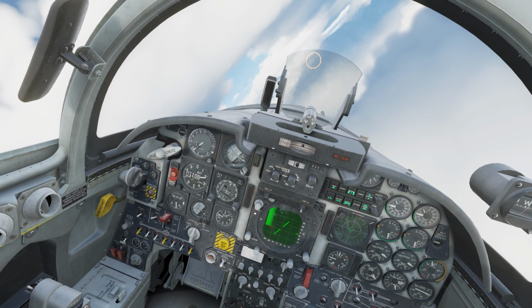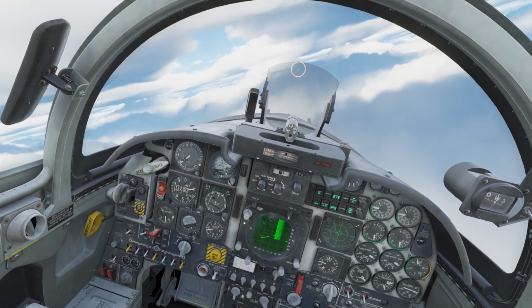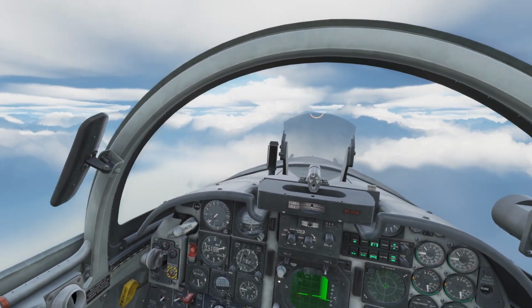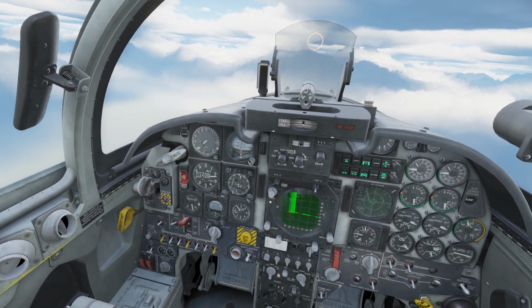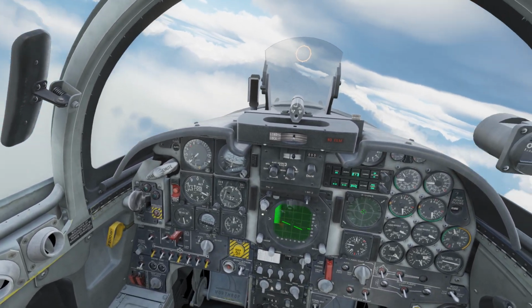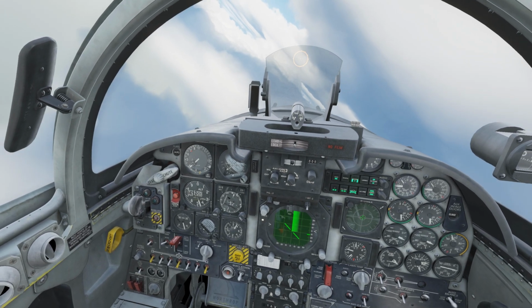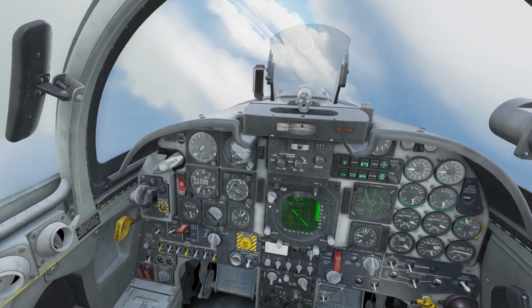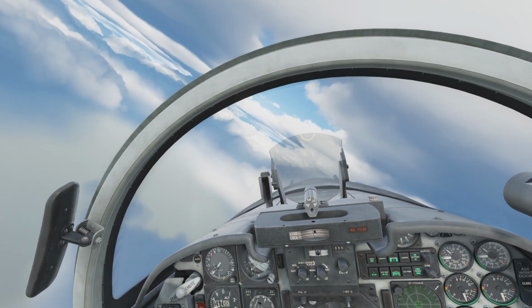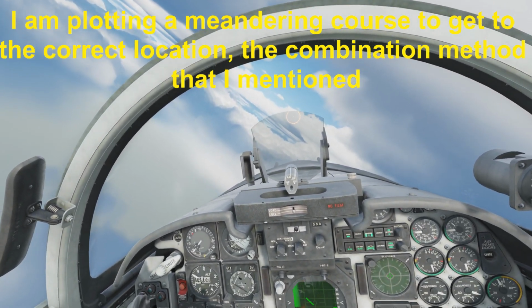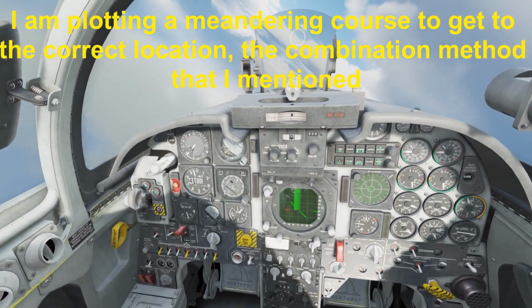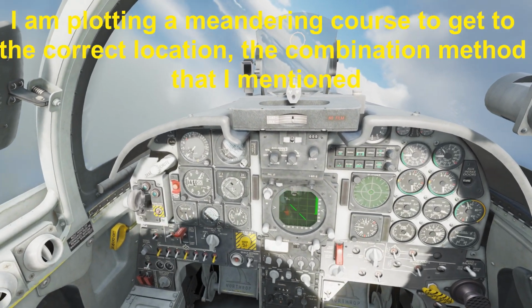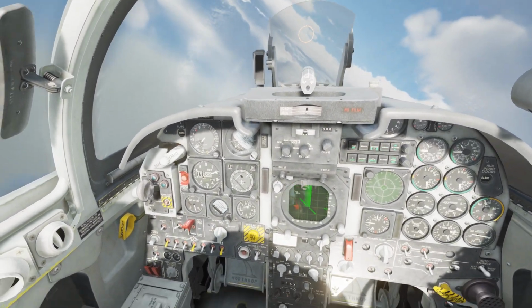We're going to go straight out west. Those are the radials way left right here. So actually we're going to go southwest. Try to bring that radial line on to our heading indicator. We're at 10 miles.